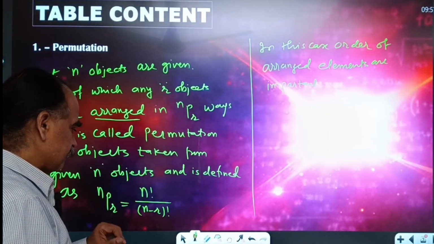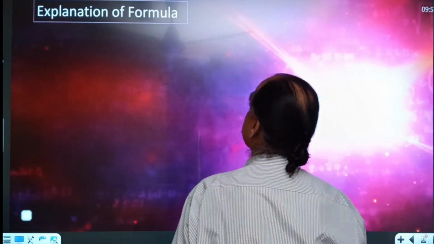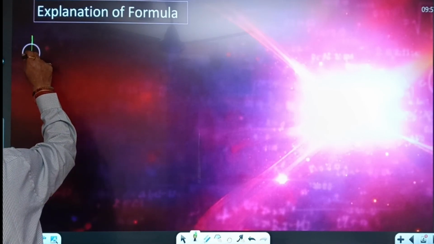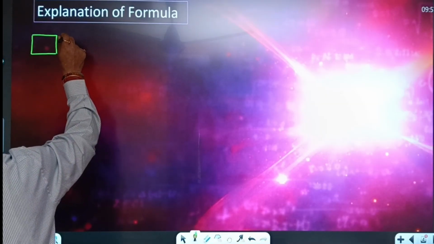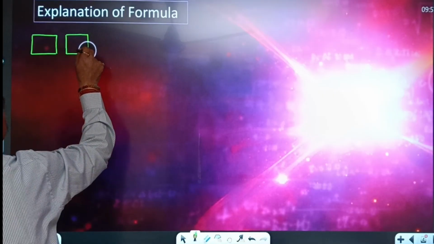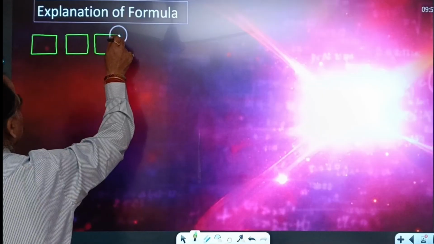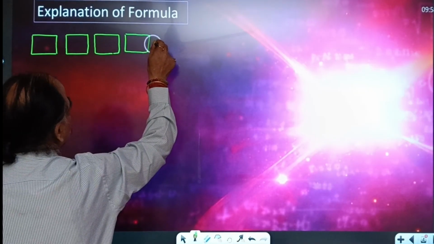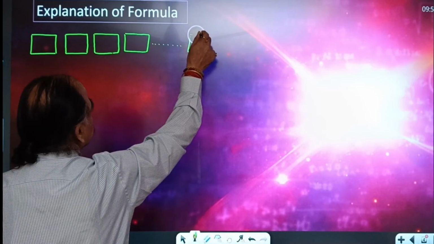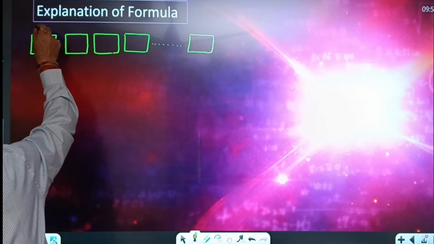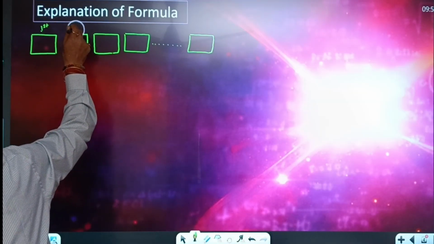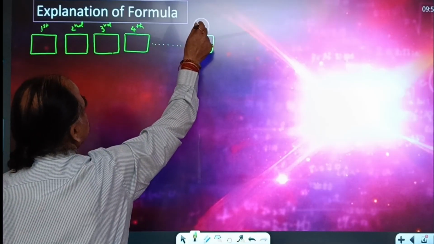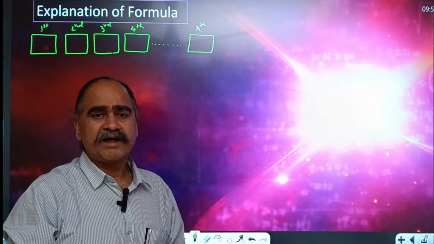Let me explain how this formula has come. Out of n persons we are arranging r persons: first, second, third, fourth, and so on up to the rth.